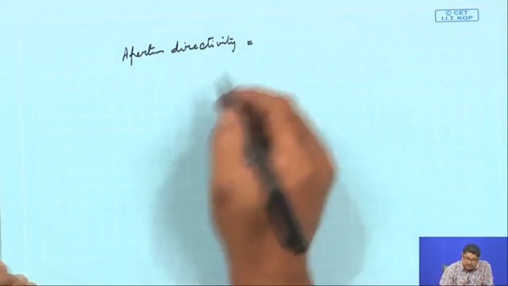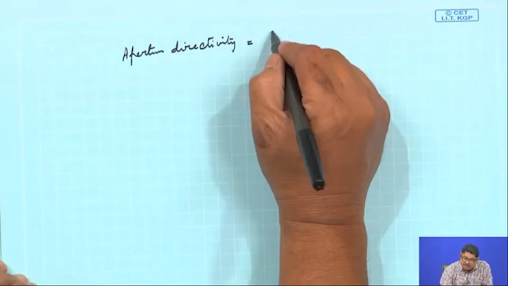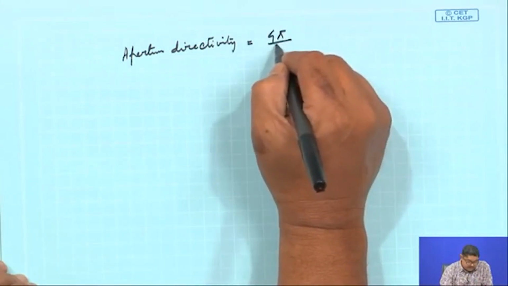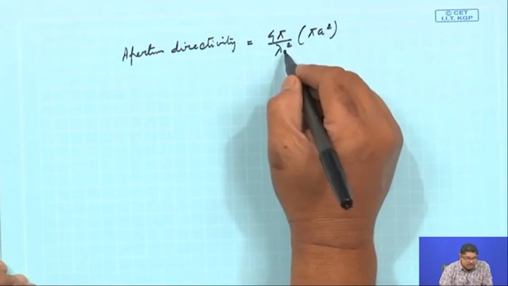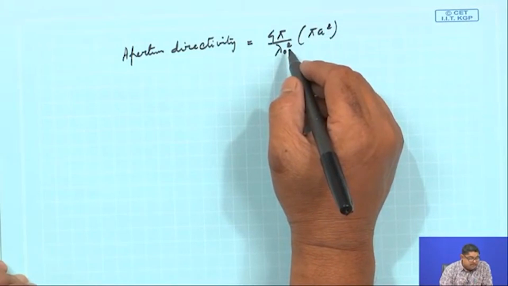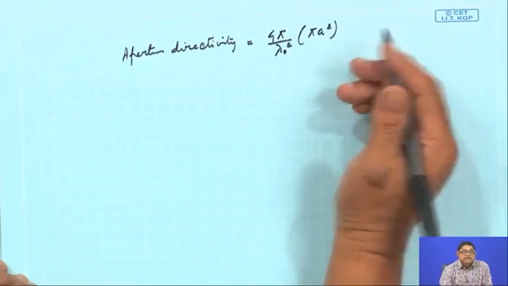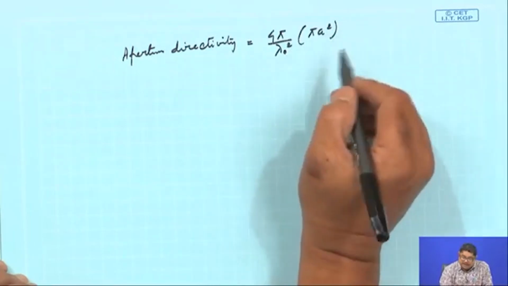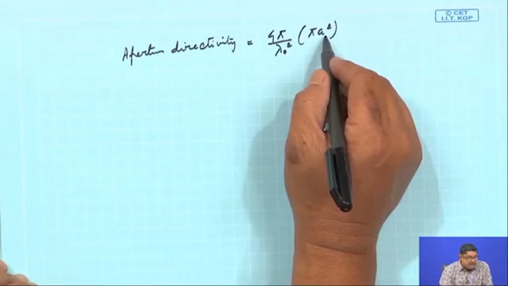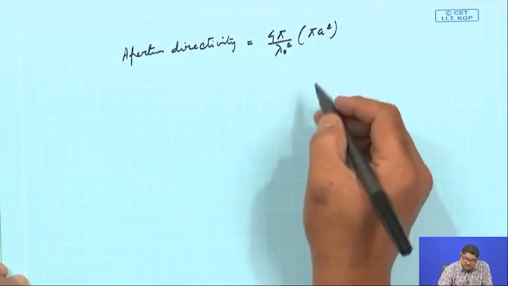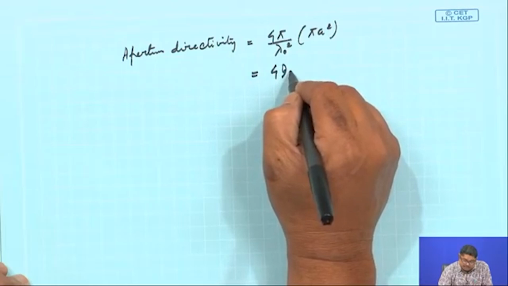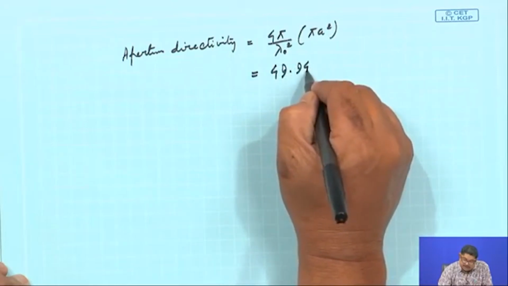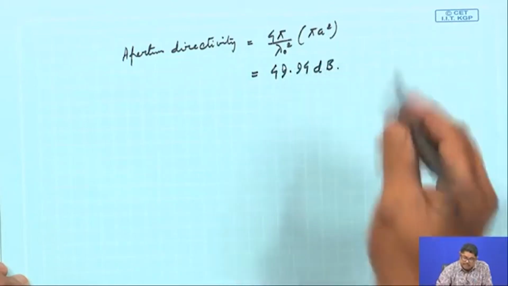So, aperture directivity will be 4 pi by lambda naught square into pi r square. The frequency is 3 gigahertz, that means lambda is 10 centimeter and the diameter is 10 meter. If you put all those values, you will see it comes to be 49.94 dB.